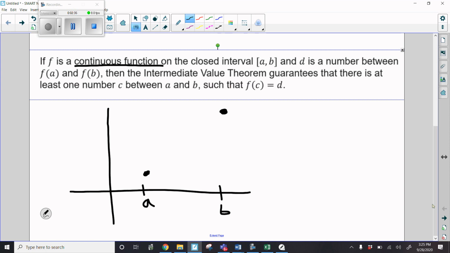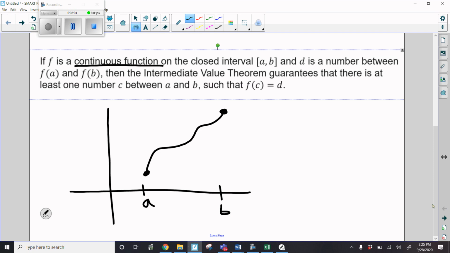So you can sketch anything you want here between a and b, but it just has to be continuous. And you do something like this. Okay, but you could have all kinds of crazy stuff going on here, as long as you don't have any holes, right? Any removable discontinuities, any jump discontinuities, or any infinite discontinuities. Okay, so there's what we have.